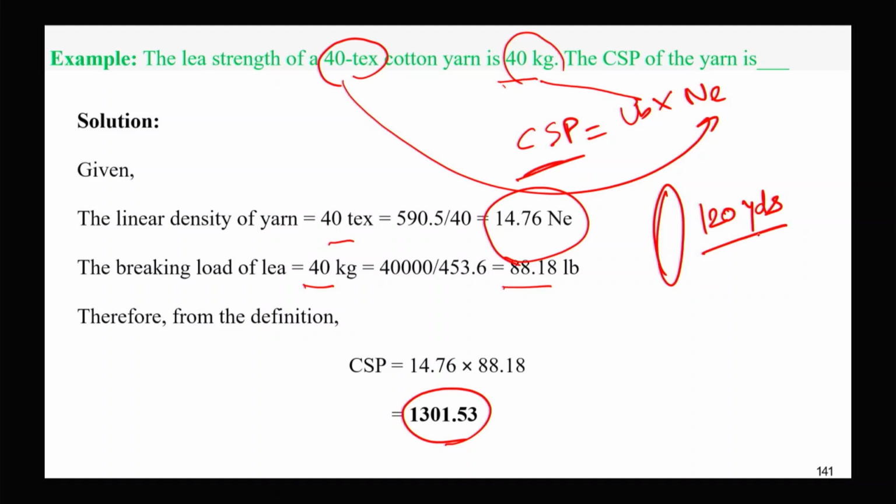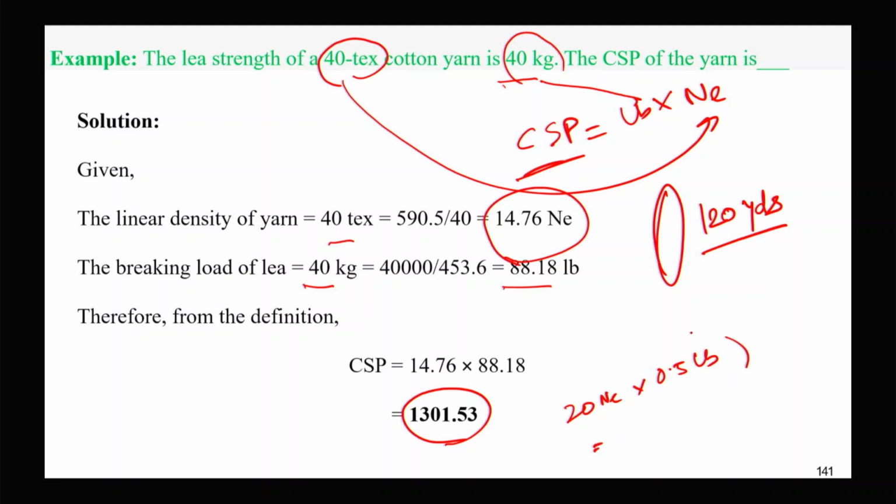If we change the length of the yarn, that is, if we take 100 yard or 50 yard or 200 yard, then we will not call it a CSP. Although there will be a count and strength product, by definition it is not. For example, take a single yarn count of 20 NE and strength maybe 0.5 pound.